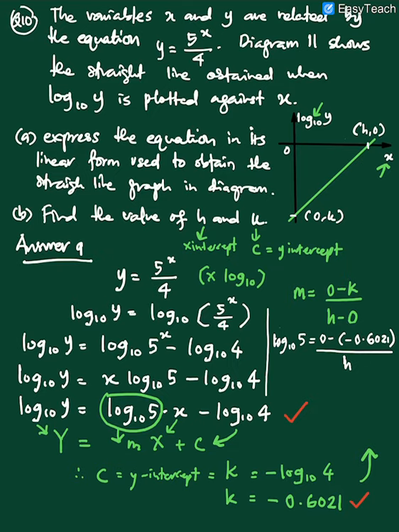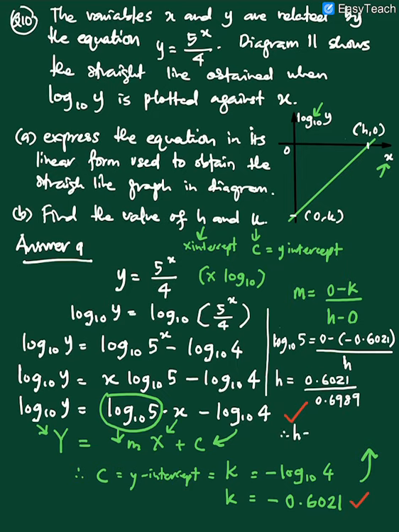Then h equals positive 0.6021 divided by log base 10 5, which is 0.6989.